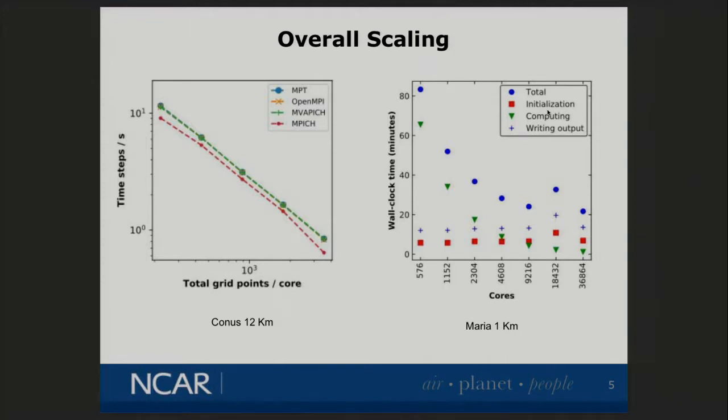It's not MPI init. It's the time required for the model to be initialized. Then there is in green the computation, and then there are the blue crosses for writing output. So you can see that the computation scales pretty well, whereas the initialization and the I/O stay pretty much the same, for MPT at least.